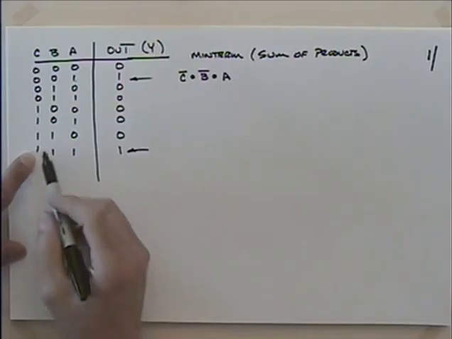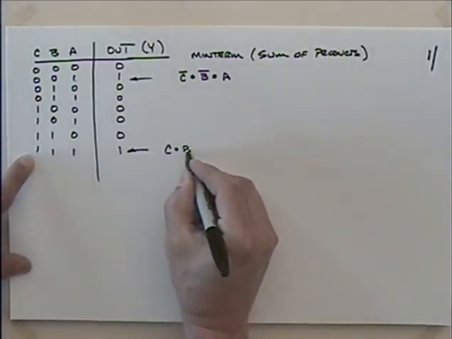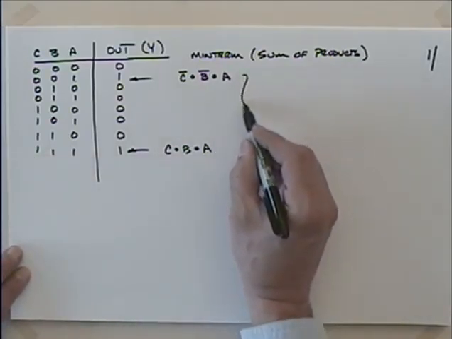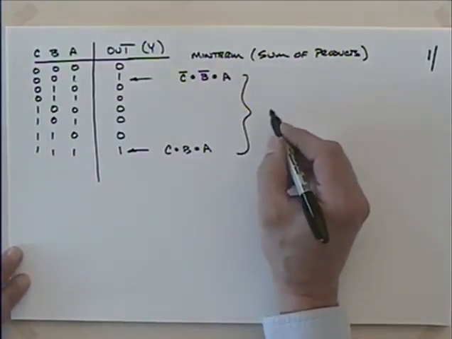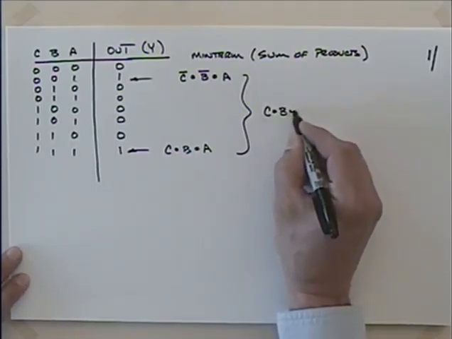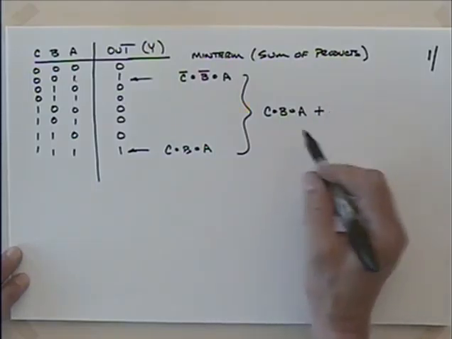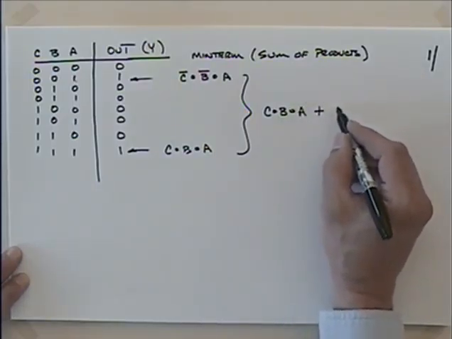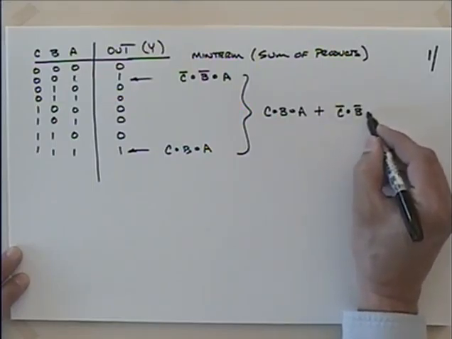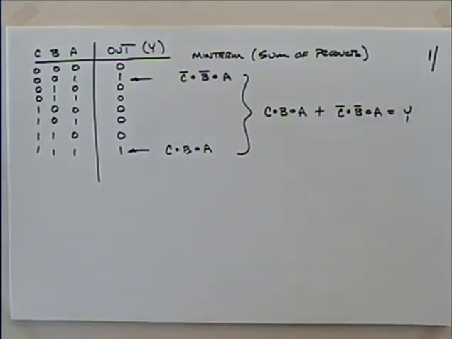And then down here, let's see, they're all 1s, so I would just say C and B and A, right? So I could put these two together and come up with the expression C and B and A, or, because it's a sum of products, or not C and not B and A is equal to our output.